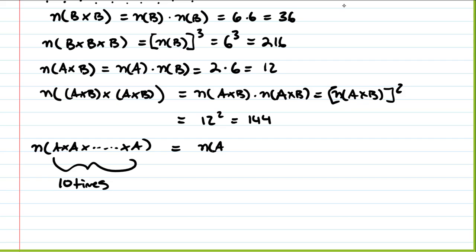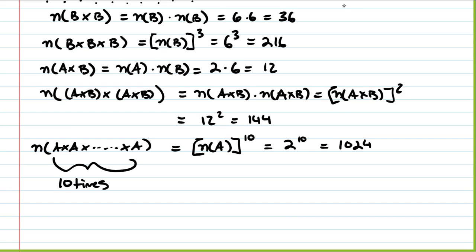The number of things in A raised to the 10th power, which is 2 to the 10th power, 1024. So if we know the cardinality of the underlying sets, calculating the Cartesian product of the number of things is easy. We just multiply them together.